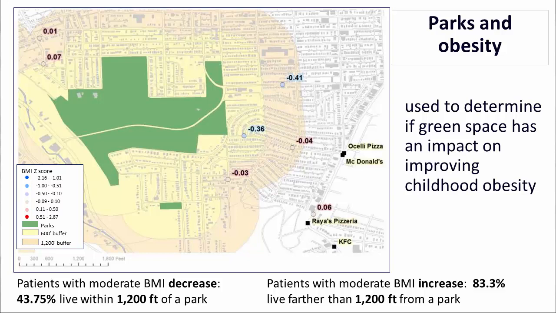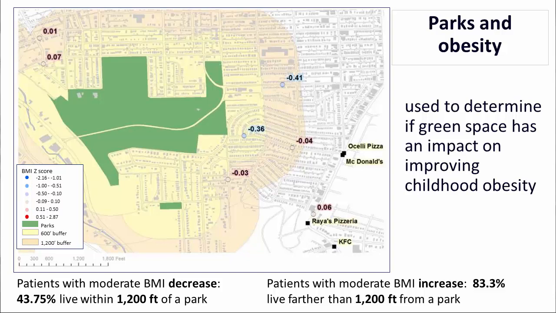And we did further research to see the closer proximity of the 600-foot buffer. And in fact, the patients that lived closer to those also had a significant decrease in their body mass index as opposed to those that lived outside of that buffer. But the point here is looking at that distance between the 600-foot and the 1,200-foot buffer and beyond as proximity buffers with multi-rings.